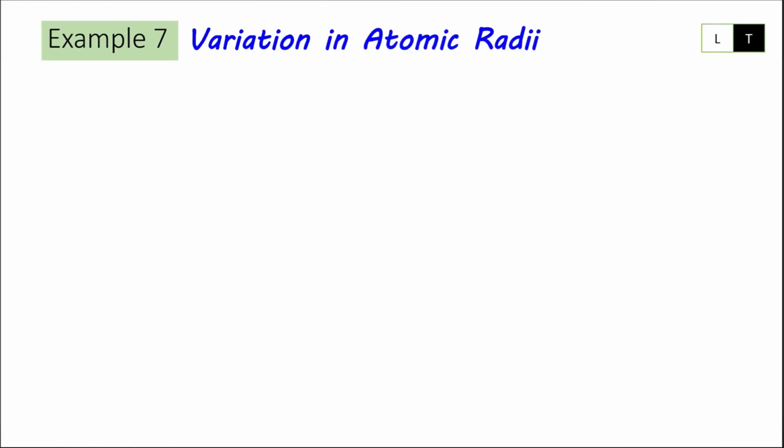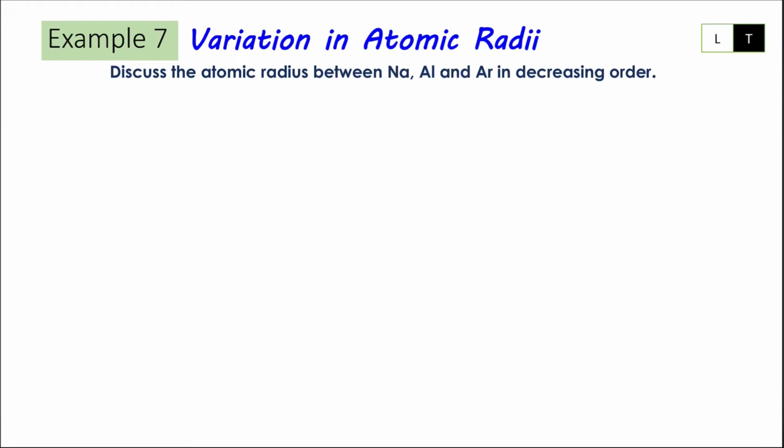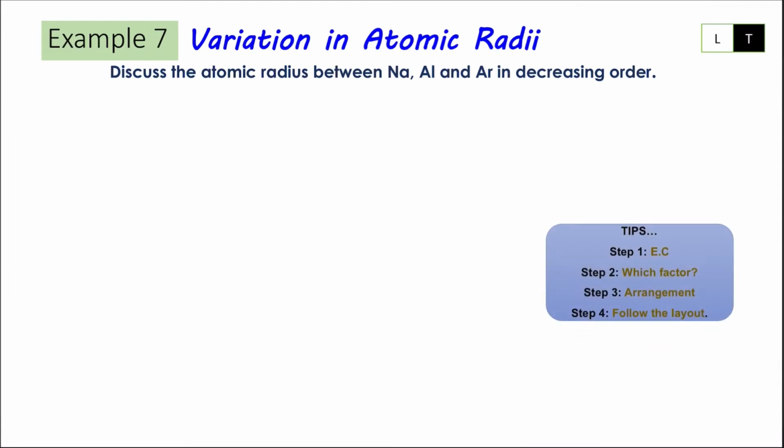I have to discuss the atomic radius between sodium, aluminium and argon in decreasing order. So the question is upgraded a bit, where still the same, follow the tips that I asked you, but in this part you have to determine the arrangement for step number 3.